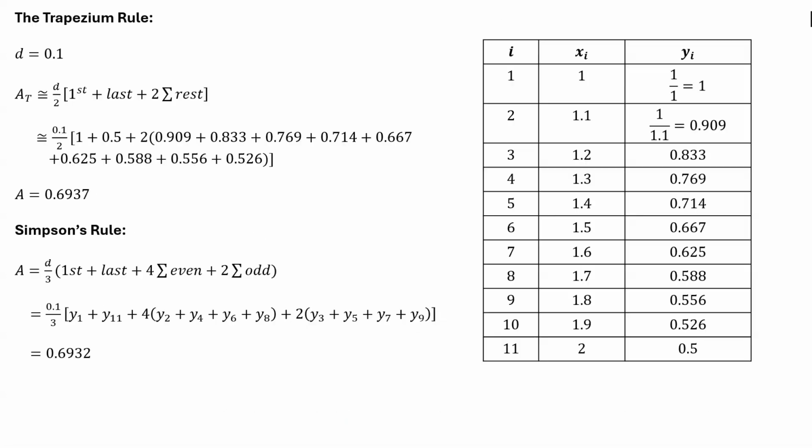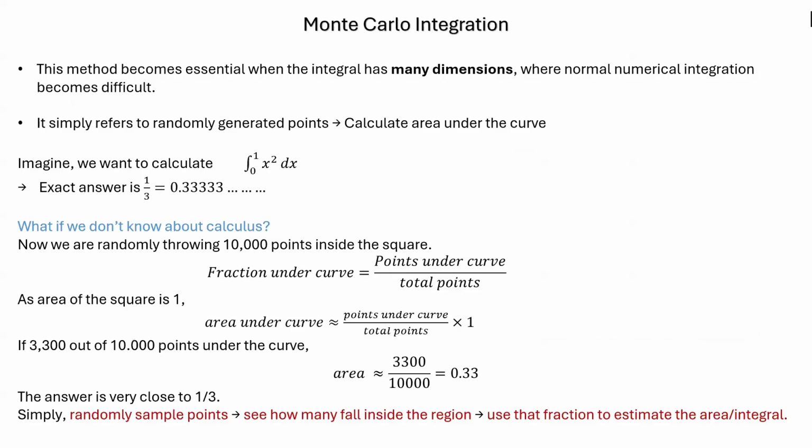So this is our next topic, which is Monte Carlo integration. This method becomes essential when you can find so many dimensions in the formula or in any equation, where normal numerical integration becomes difficult. So we have been carefully dividing the area into strips, but what if we have a problem?